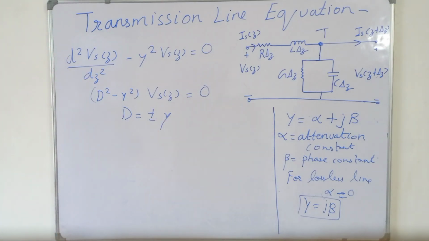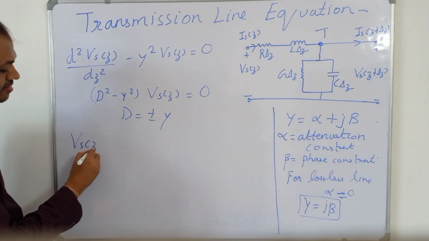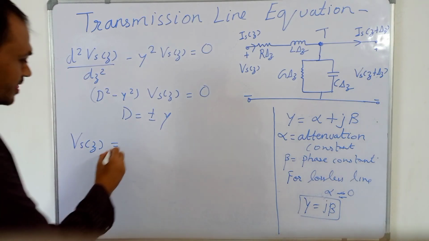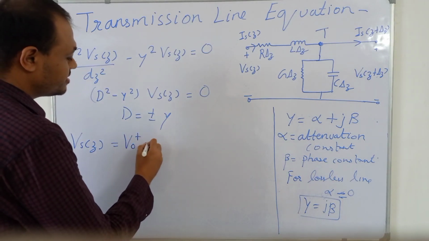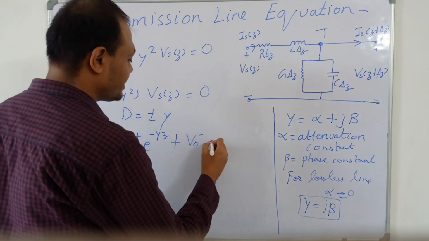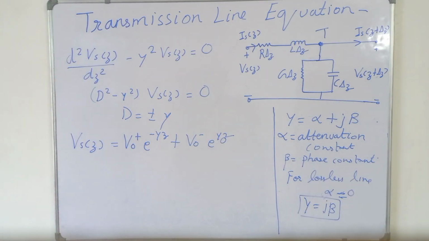So the value of Vs of z will be, because this is a differential equation whose solution is D equal to plus minus gamma, equal to V naught plus e to the power minus gamma z plus V naught minus e to the power gamma z. So this is the equation.